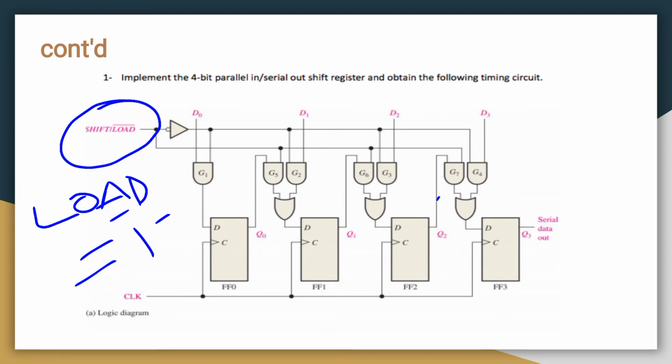That means this condition will go with the operation of low. Low means the particular output depends on the load condition. So let's see how it is going to work.